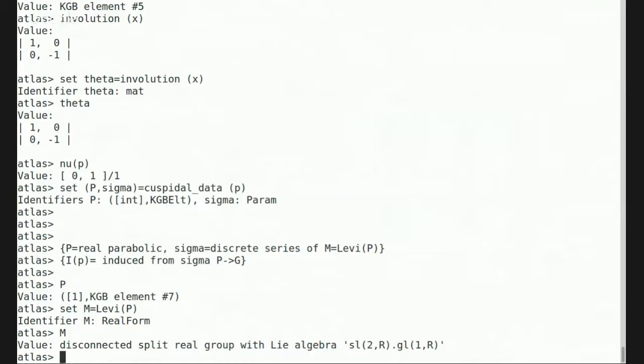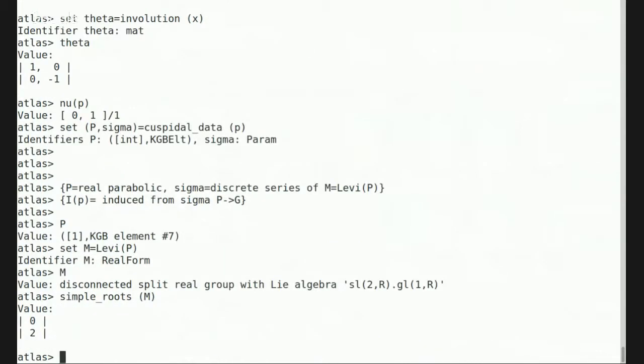Both of those groups fit this description. But one thing you can do is look at the simple roots of M, and you see that the long root 0, 2 is a root of M. And so that identifies this parabolic for you. And in fact, it's SL2 cross GL1.